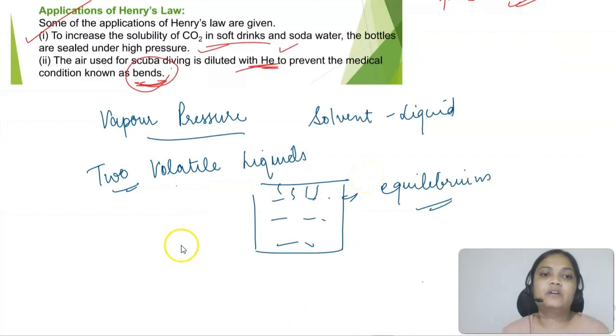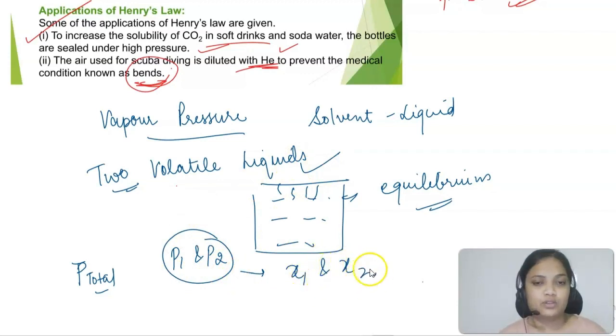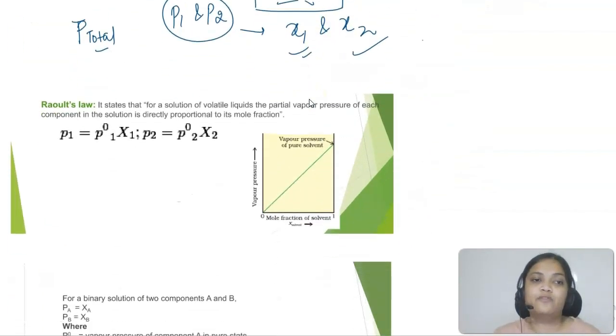Now let's say the total vapor pressure is P total and the vapor pressures of the two components are P1 and P2, because there are two liquids. We will be relating them with their mole fractions. So the mole fraction of component 1 is x1 and the mole fraction of component 2 is x2. Now students, this is related with the help of Raoult's law.